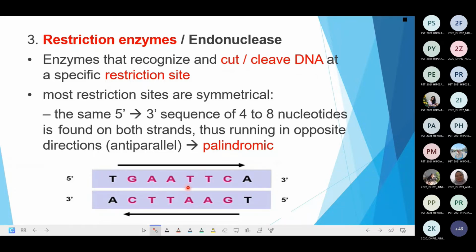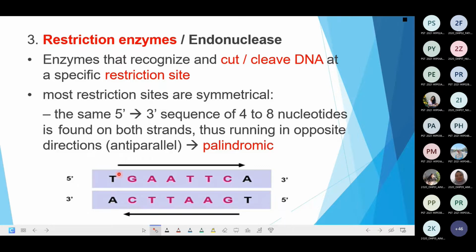Okay, so this palindromic sequence shows a sequence of bases of the DNA which will read the same, GAA TTC, and for this strand over here we also read the sequence of bases the same, GAA TTC, however in opposite direction.